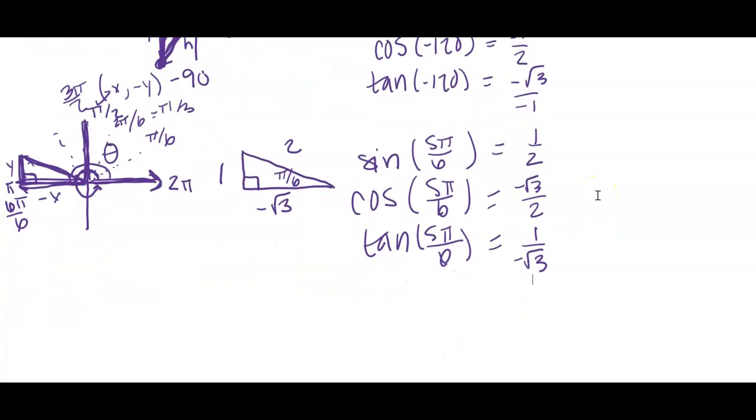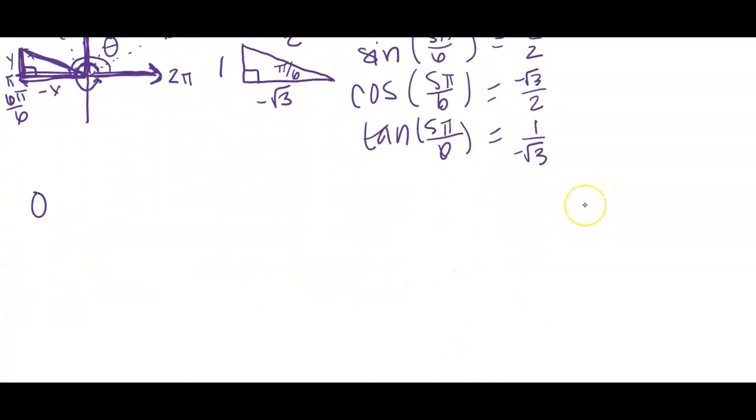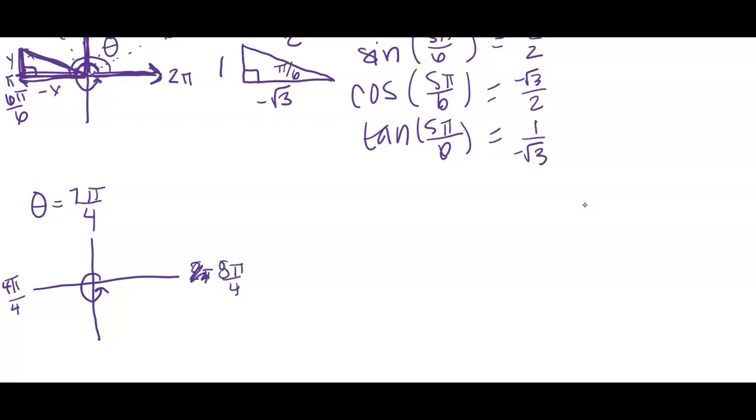All right, 7 pi over 4. I'm going to use that same kind of setup here to know that all the way around would be 2 pi radians. Half of the way would be pi. Well, pi would be 4 pi's over 4, and 2 pi would be 8 pi's over 4.